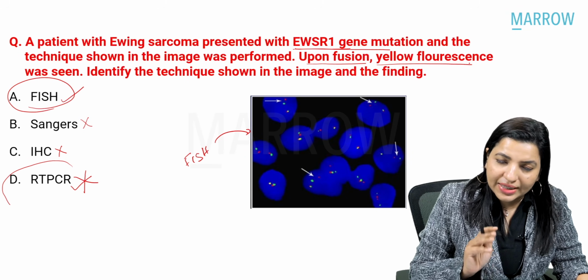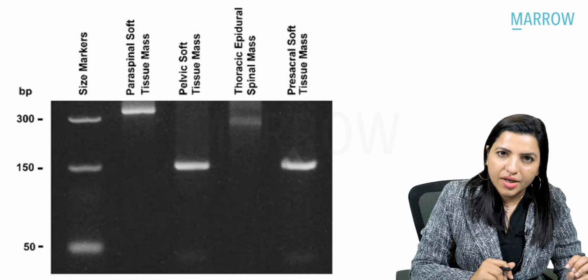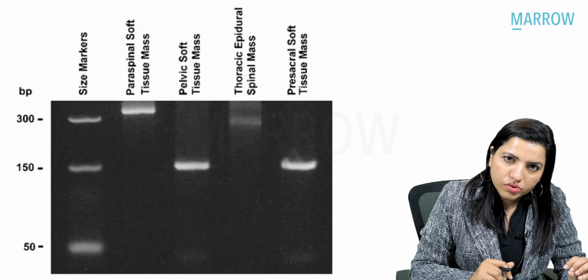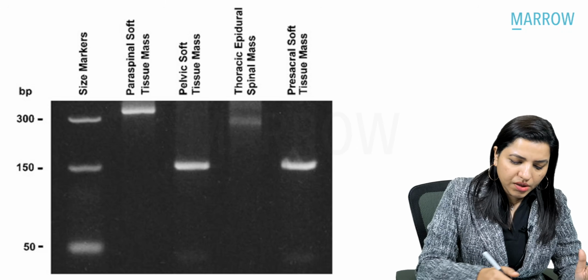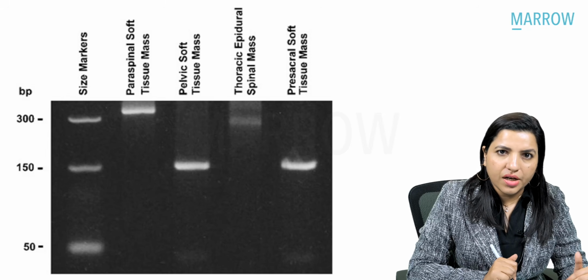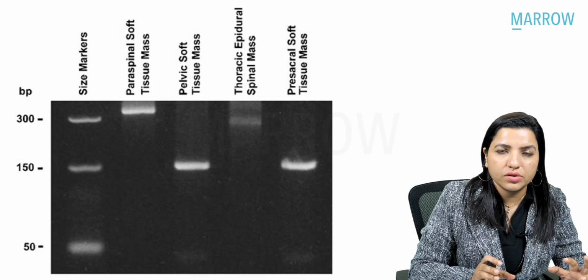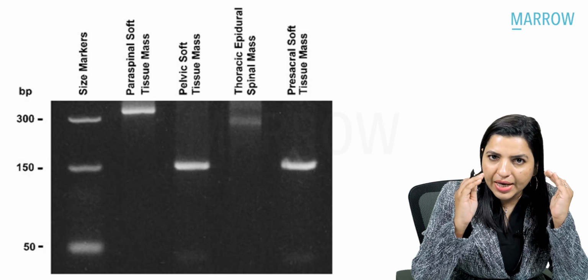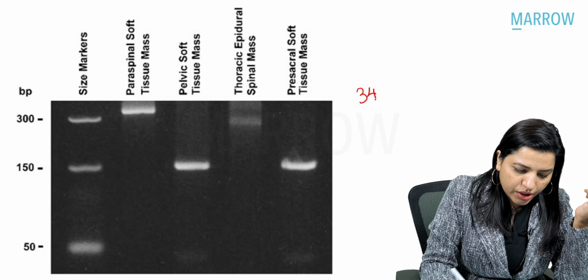So the technique here is FISH, and one more technique we can use is RT-PCR. In RT-PCR, this is the result that we get. Because of the fusion of these two exons, a particular band is produced, and this band is 342 base pairs.